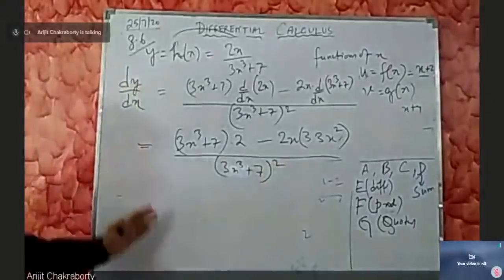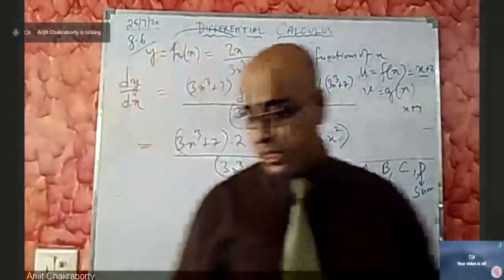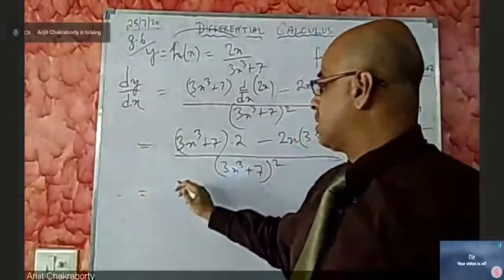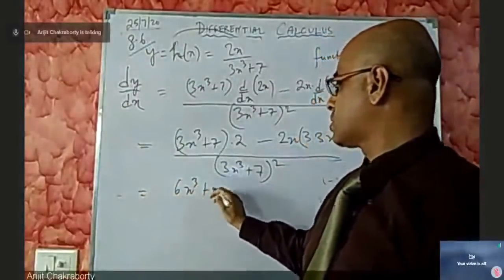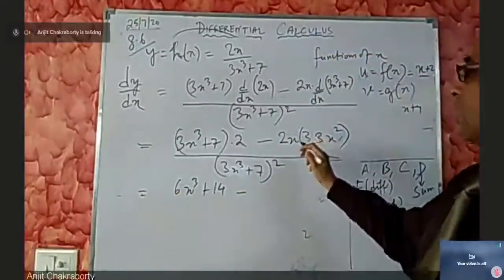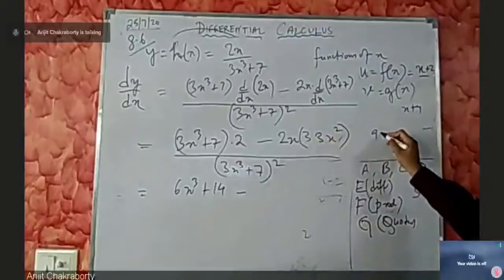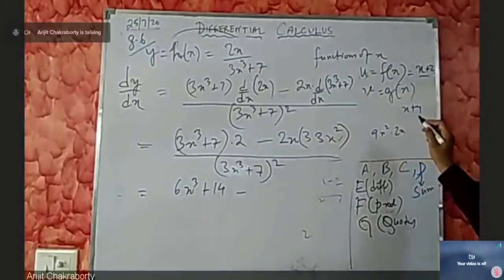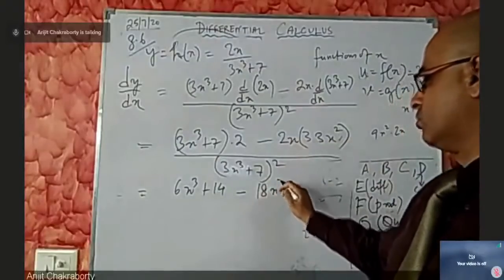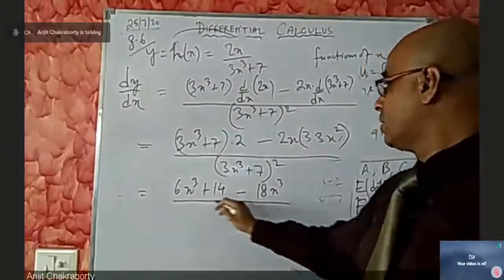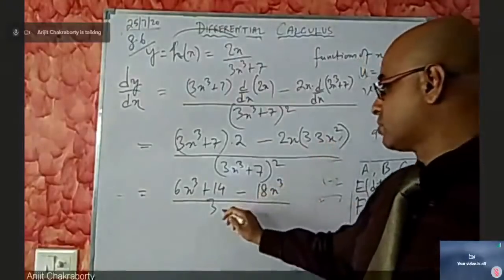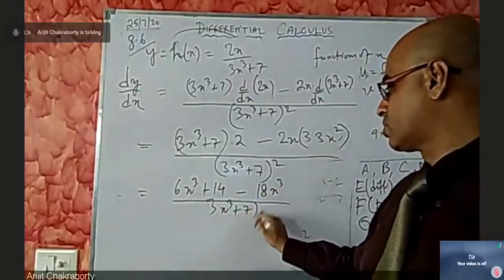So let us simplify this further to see what we get. So this becomes 6x cubed plus 14 minus 2x into 9x square, so 18x cubed. So minus 18x cubed, 3 3s are 9, 2 9s are 18x cubed, divided by 3x cubed plus 7 whole square.